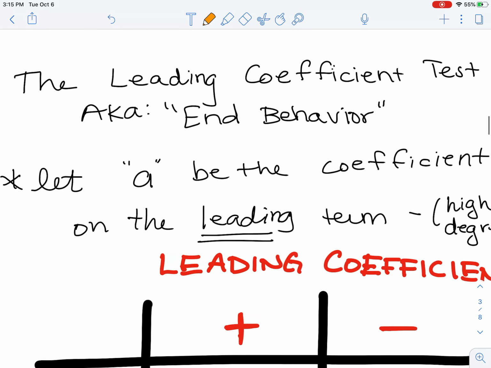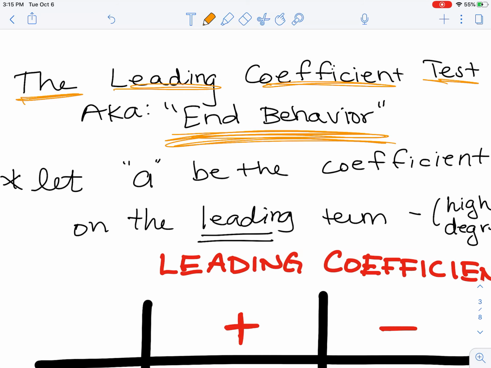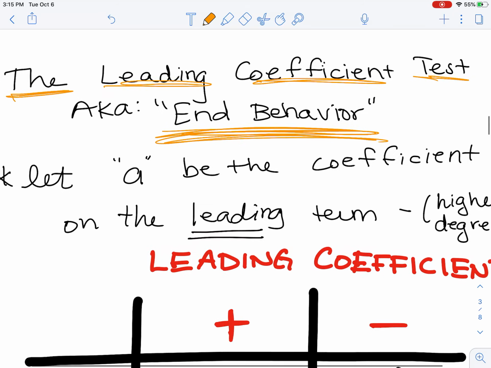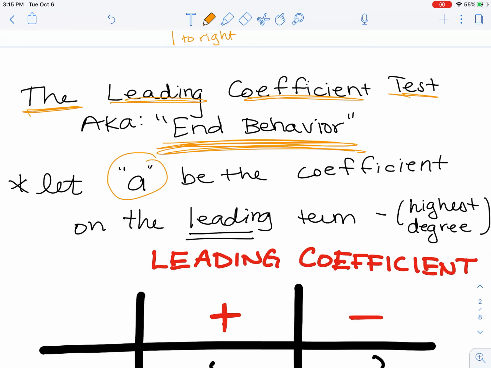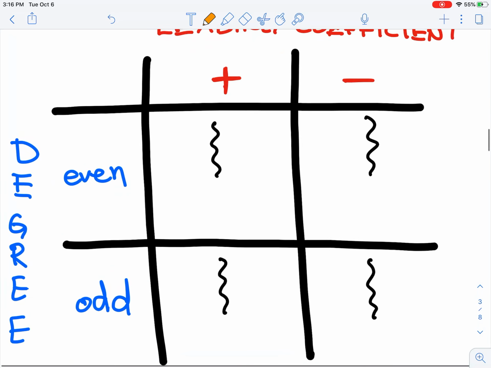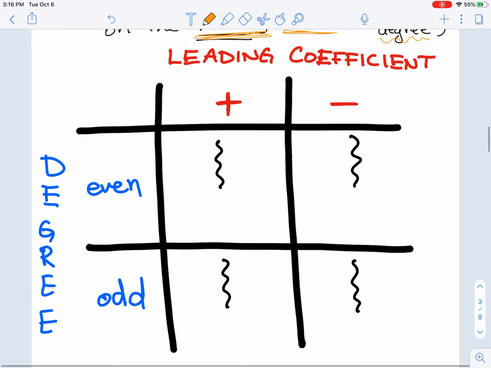Okay, now this is really cool. There's something for all polynomials called the leading coefficient test, or aka we can call this the end behavior test, where we can say, okay, let the A term be the coefficient on the leading term, meaning the highest degree. Okay, so we have this chart that we're going to use. So, for example, let's just say we had y equals 2x cubed plus 2x.